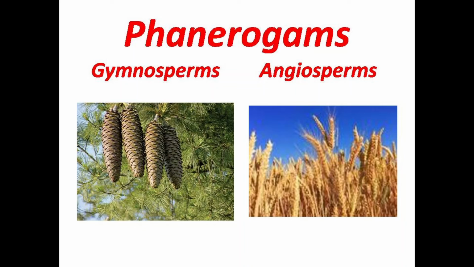Gymnosperm is derived from two Greek words, gymnos and sperma. Gymnos means naked and sperma means seed. So gymnosperms include those plants in which the seeds are naked, which means they can be seen from the outside, and the best example is cones, right? Pinus bears the cone, and cones can be seen from a far distance.